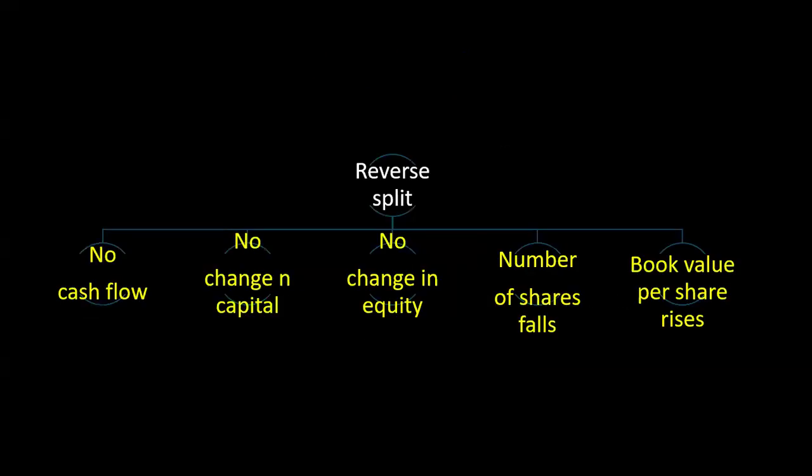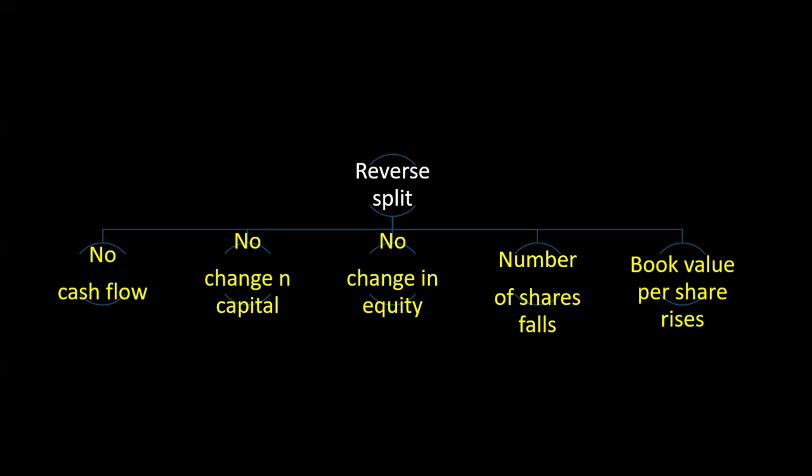Interestingly, the reverse split is just the other side of the picture. In a stock split, we reduce the face value and increase the number of shares. In a reverse split, the number of shares falls because the face value is increased. So a reverse split is a process of reducing the number of shares by increasing the face value.